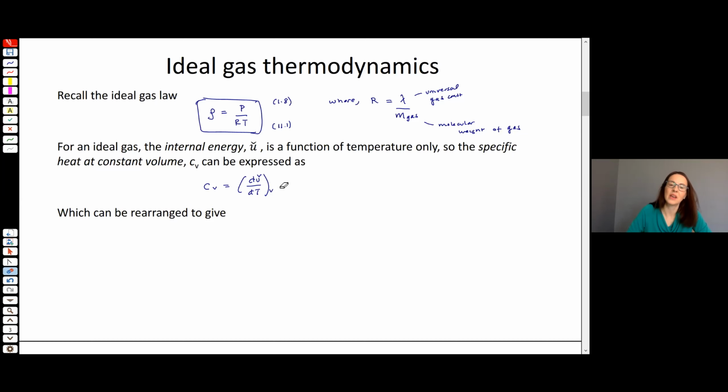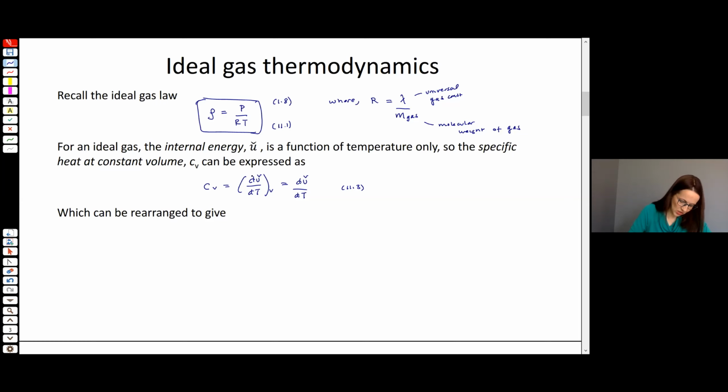It means if the fluid undergoes a process, for example, the temperature changes, as long as we hold the volume of the fluid constant, this relationship holds. So we can simplify this like this. This is equation 11.3.